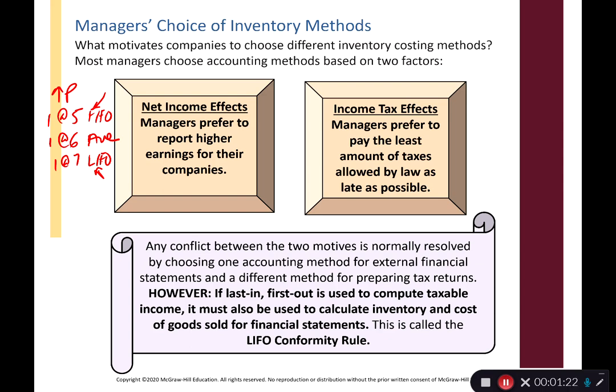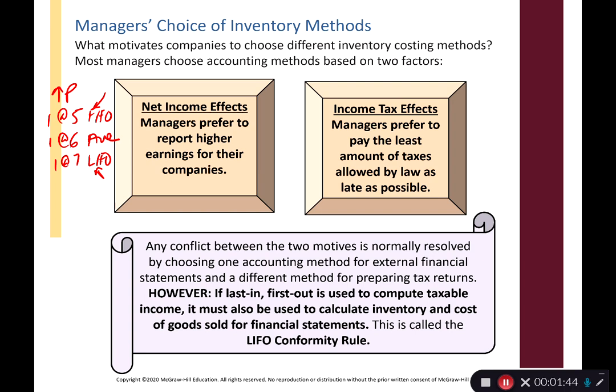You'd like to choose one method for accounting and another for taxes. However, the IRS is on to you, and they have said that if you want to use LIFO for taxes to get the benefit of the tax savings, you also have to use LIFO for book purposes, and that's called the LIFO conformity rule. So the IRS won't let you have your cake and eat it too.